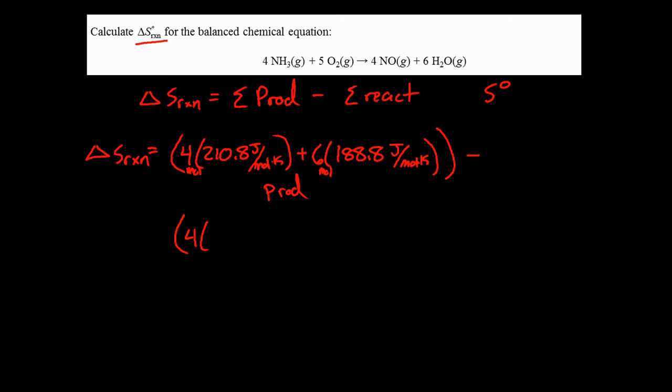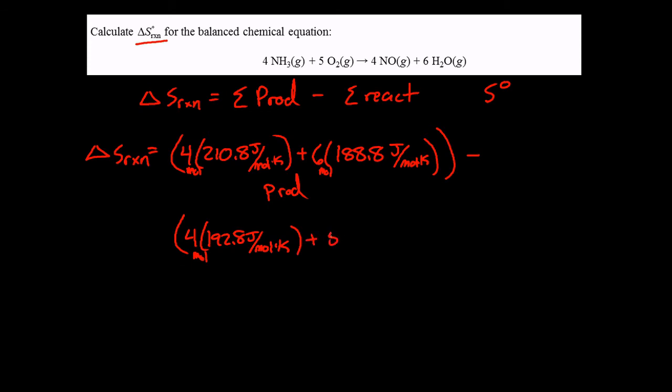So let's go back to nitrogen here. NH3 in the gas phase has a standard entropy of 192.8 joules per mole K, and again that's 4 moles there.